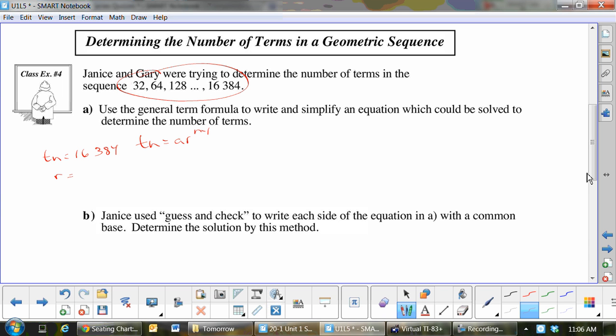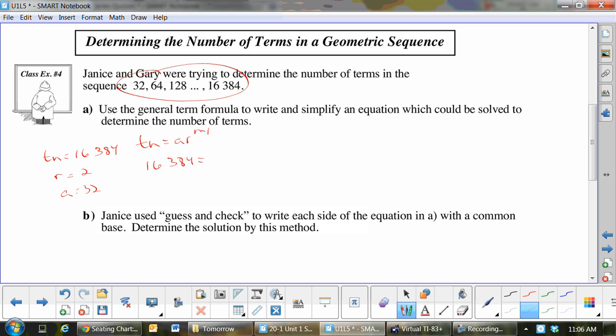Check both of them. It is 2. We know A, but who knows A? Put up your hand, don't yell it out. What is A? Yes. 32. Okay?